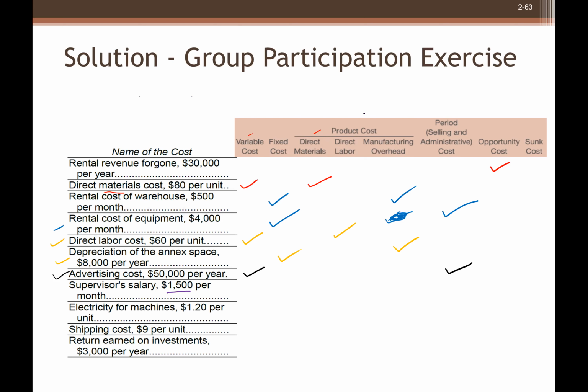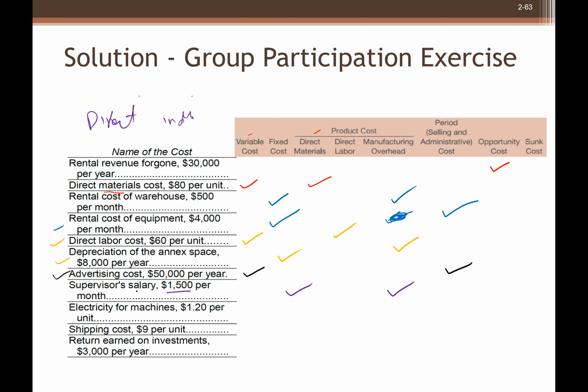Supervisor salary, right? Yeah, it's fixed cost. Well done. It's per month fixed cost and manufacturing overhead. Very nice. If we have a category of direct and indirect, then because of this, product cost.